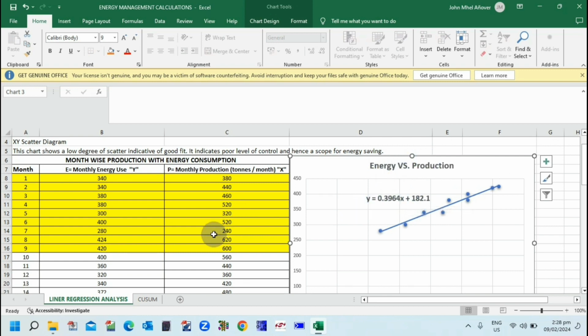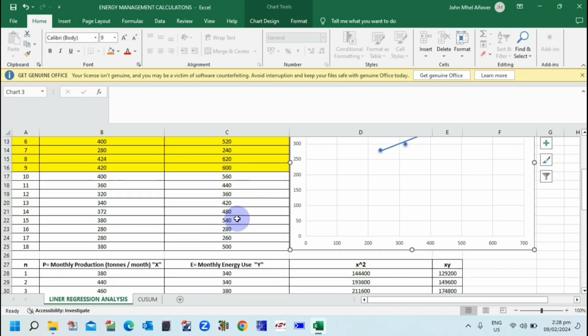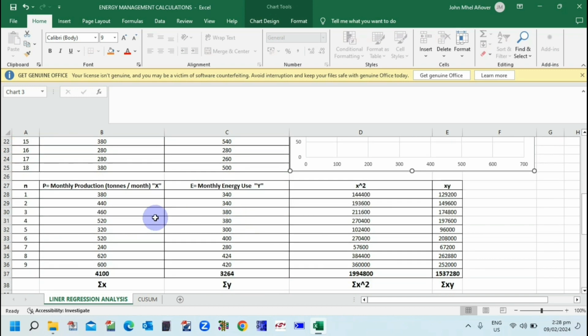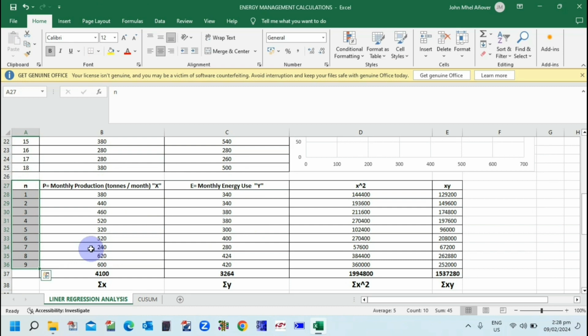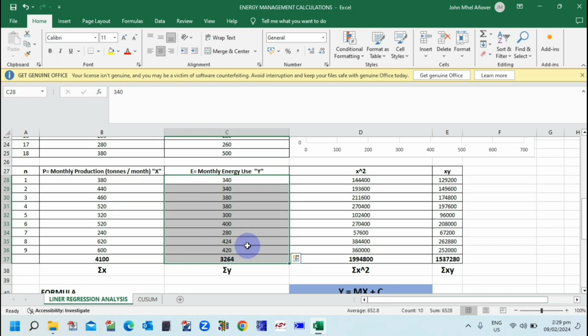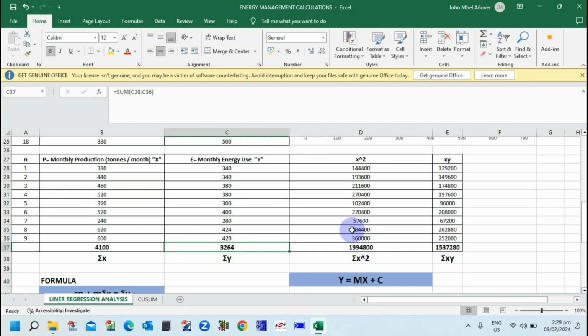So if you want to see the manual calculation for that, we have the number of months here from 1 to 9, and then the monthly production in terms of tons per month. The summation of this one is 4,100, and then the monthly energy use, the summation for the y-axis, is 3264.